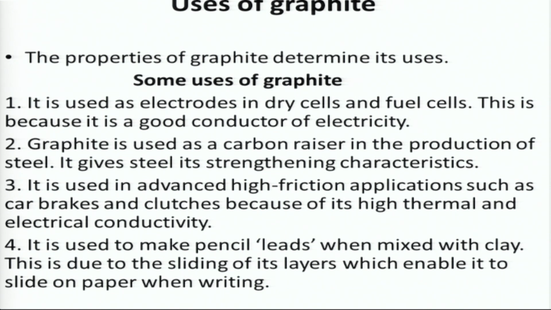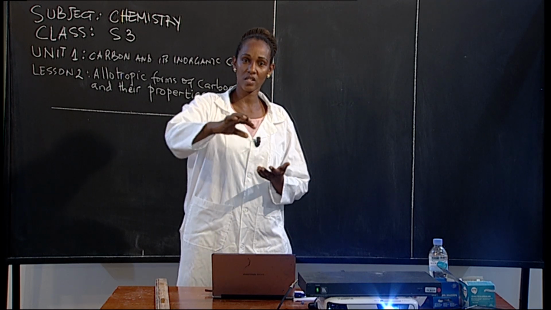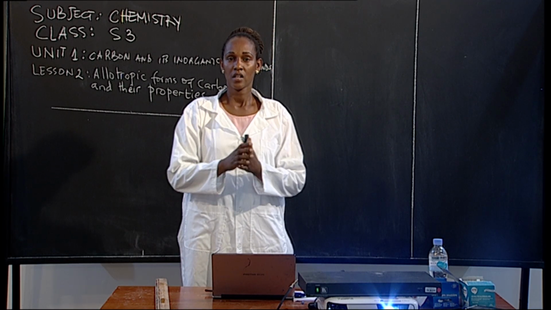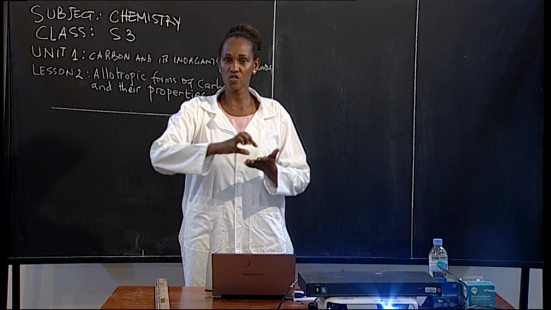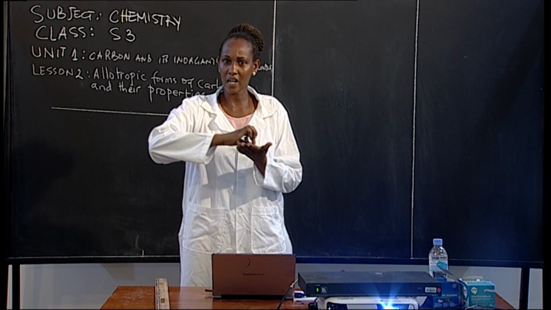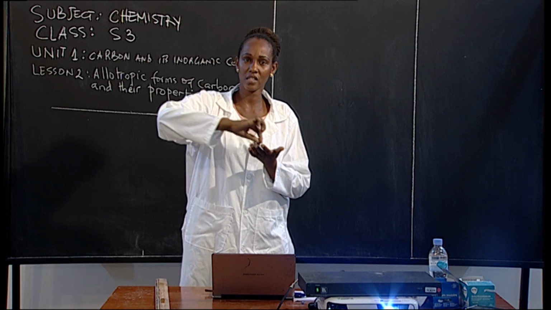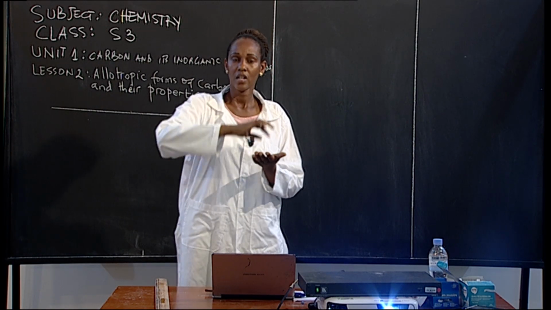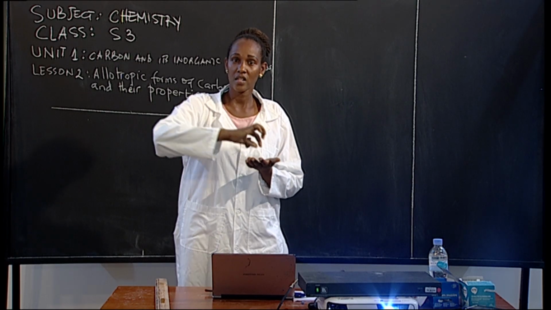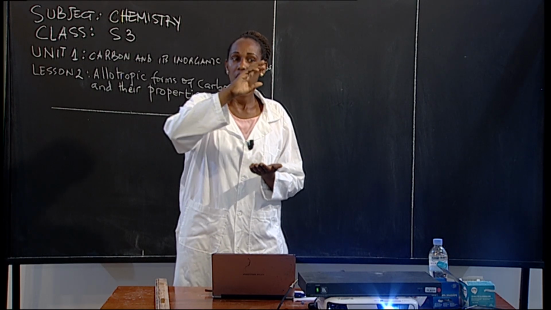This is because it is a good conductor of electricity. So you know the dry cells, the dry cells that we use in radios, in watches, that black kind of electrode that is inside the dry cells, that one is made of graphite.